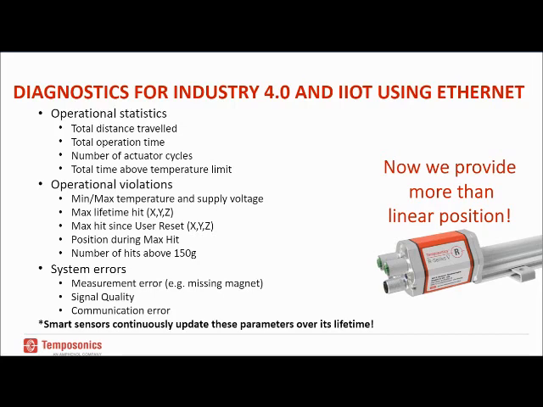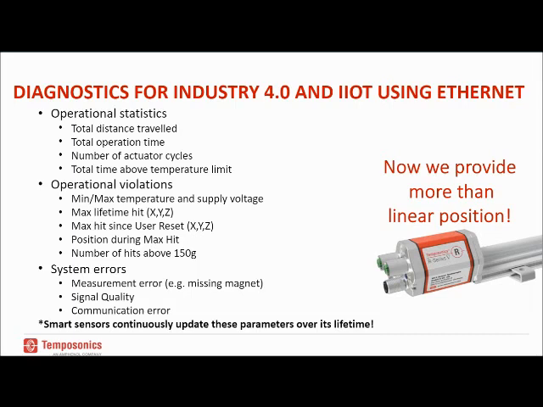So with a sensor that's rated to 150G, for example, anything greater than that, we want to know if that's happened. So that type of information is stored with the sensor, along with all of these other parameters that I've listed above. These are always part of the sensor, and if the sensor comes back for evaluation, we can look at that and determine if any of these parameters have been exceeded, or just get a sense for how long the sensor has been in service.